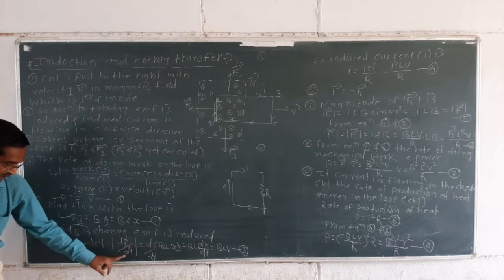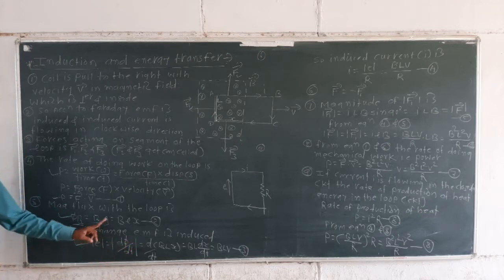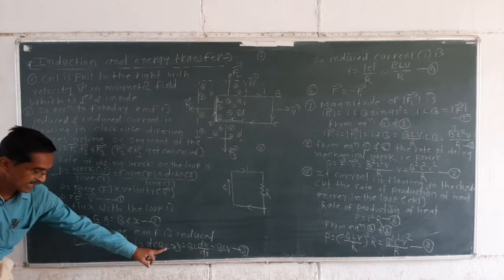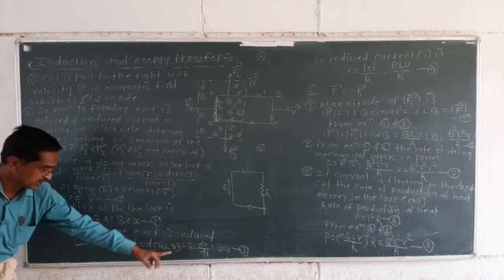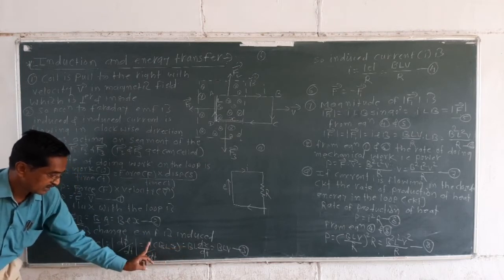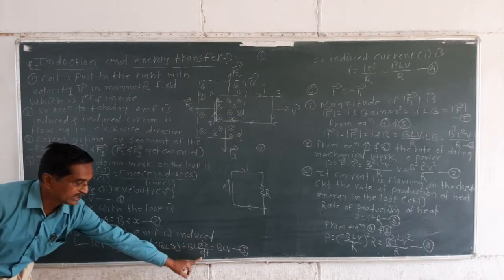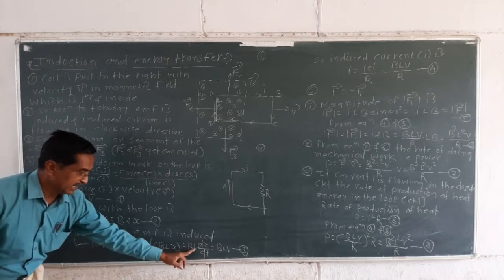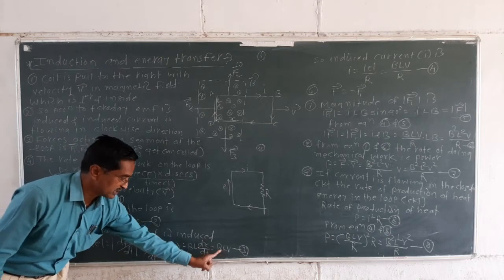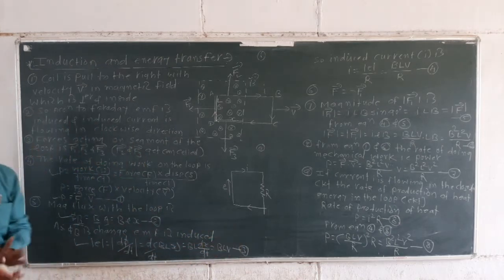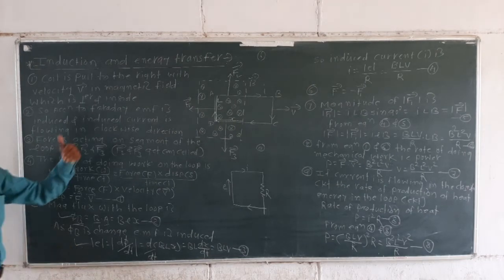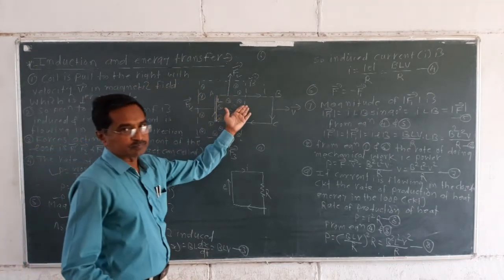That is equal to d by dt of B L x. B and L are constant, so take them out: B L dx by dt, and dx by dt is nothing but the velocity. So EMF is B L V, called equation number 3. This is the EMF induced in this loop.